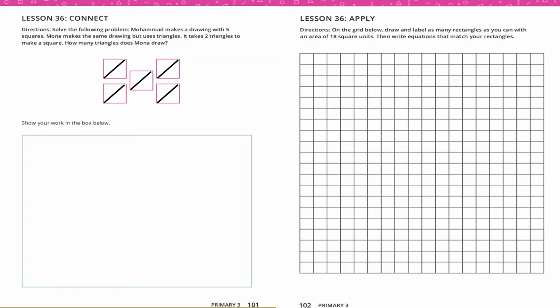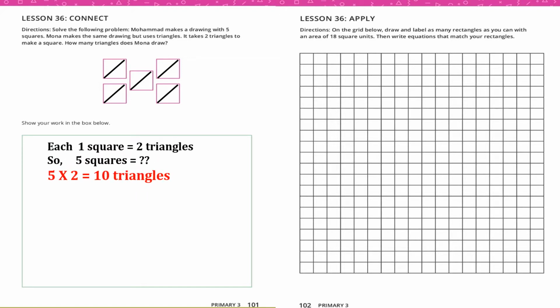So, how many triangles in all? If the one square uses 2, so 5 squares uses what? 5 times 2, because each square contains 2 triangles. So 5 times 2 equals 10 triangles.